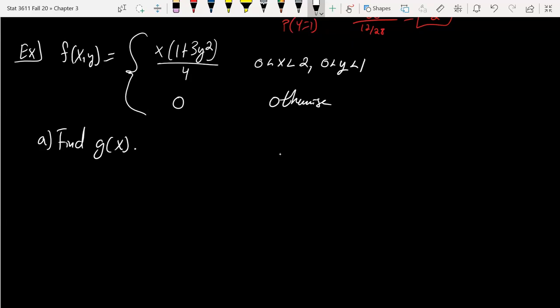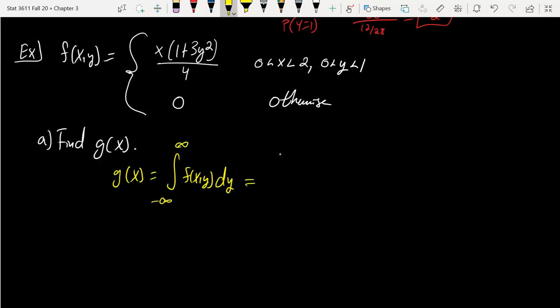Let's find g of x, and we'll do h of y right after this as well, okay? So what is g of x? Remember, g of x would be the integral of our joint density. We want the marginal with respect to x, so I want to get rid of the y, so I integrate over all the y's.